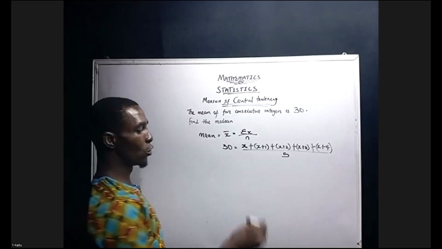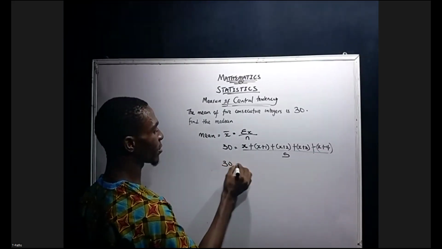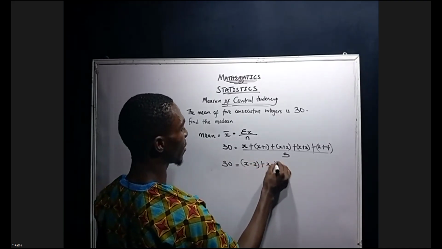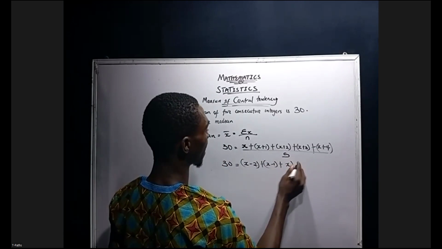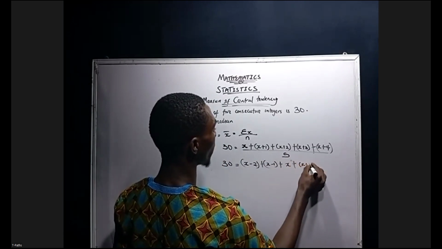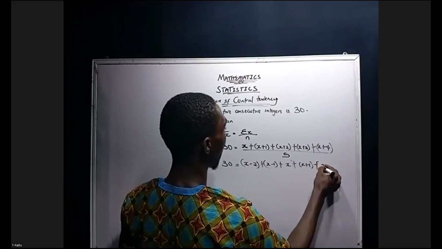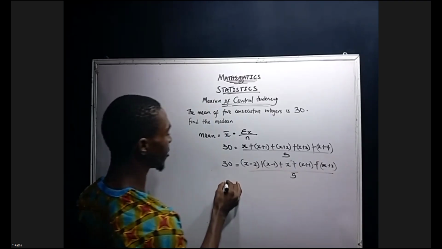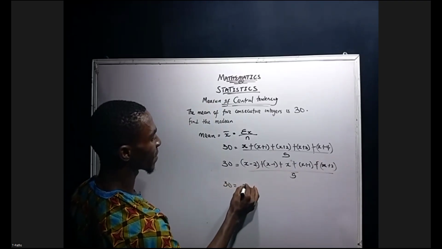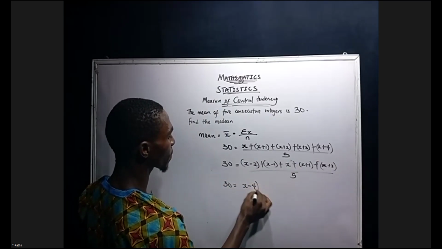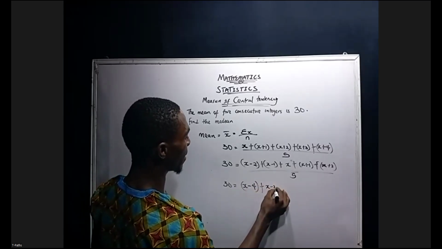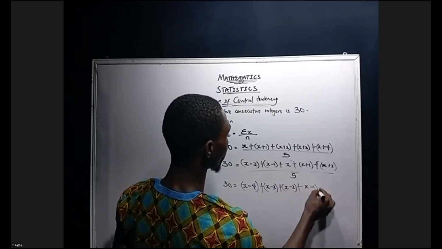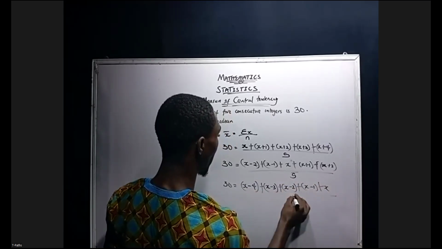On your own, you can decide to change these consecutive numbers to be x minus 2 plus x minus 1 plus x plus x plus 1, then plus x plus 2. Or you can decide to change it to be 30 equals x minus 4 plus x minus 3 plus x minus 2 plus x minus 1 plus x, divided by 5.